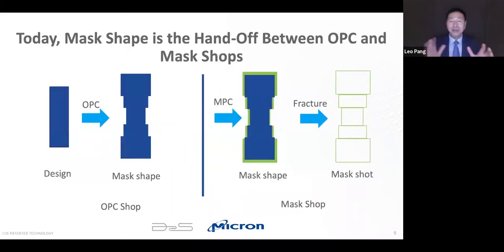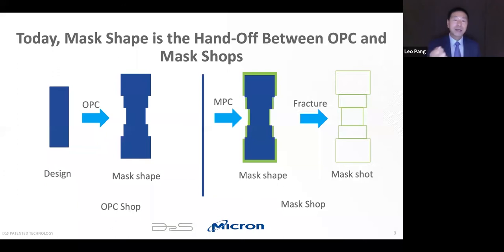This new flow actually changed the handoff between OPC and the mask shop. So let me explain that. Today, in the OPC shop, you take a design, you do OPC, then you generate all those decorations. It's called post-OPC GDS or OASIS. You give that file over the wall to the mask shop.